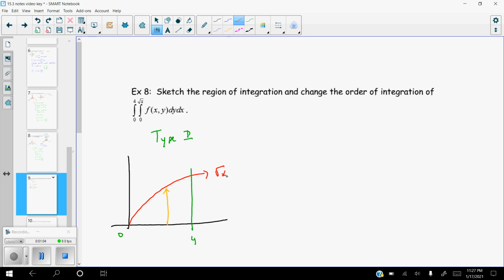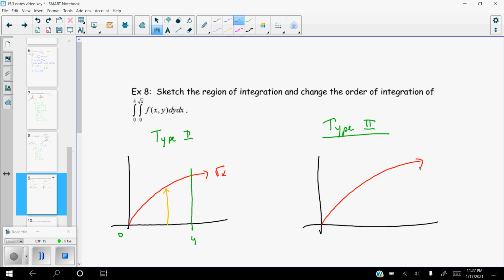So now if we want to change this, we want to change it into a type 2 region. Okay, it's the same exact functions, so they look the same. The only difference is now we want to go this way, left to right.